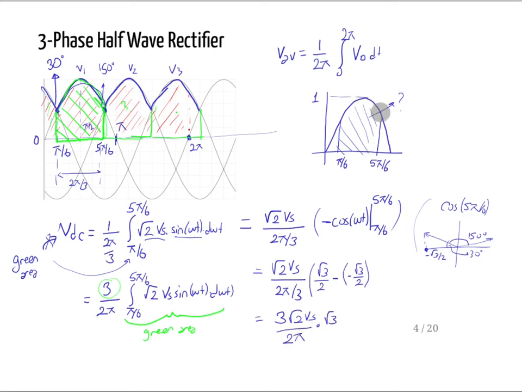If this is the peak, that area, you can just remember that one, square root 3. The whole area is 2, and from 30 degrees to 150 degrees it is like 1.73, something like that.